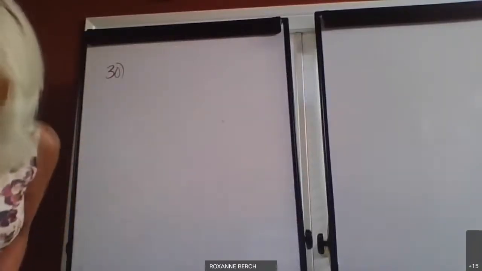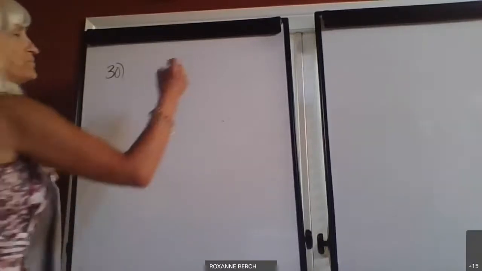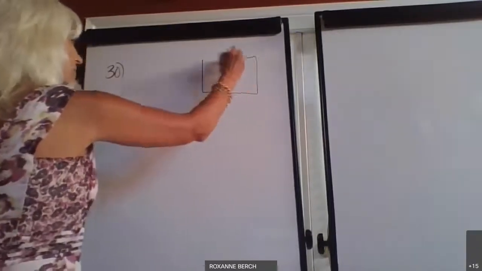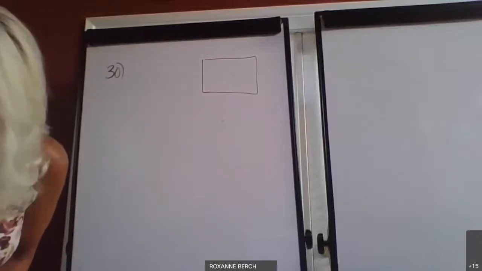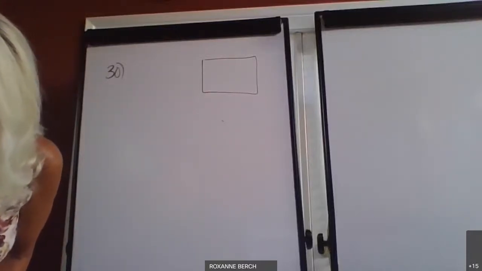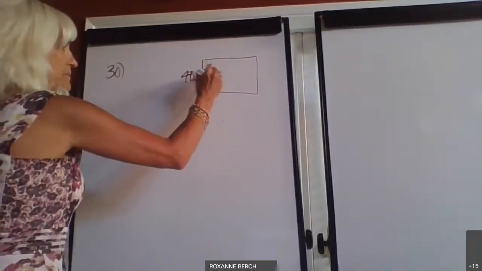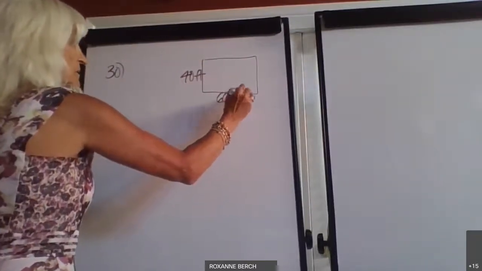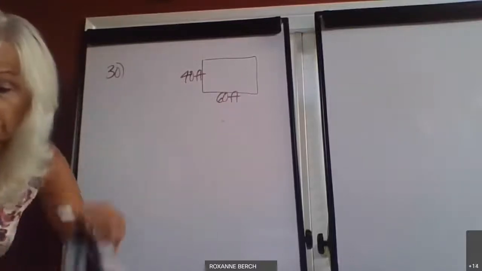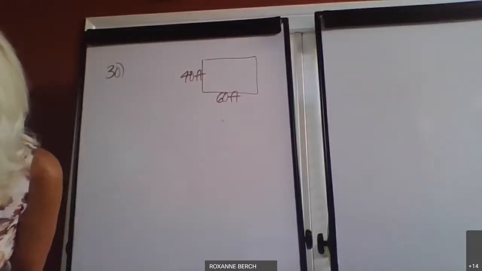Let's look at number 30. It's another pool problem. So this time it says a rectangular swimming pool in the figure measures 40 by 60 feet, so draw a picture. They might have drawn the picture for you. I think they drew the picture.